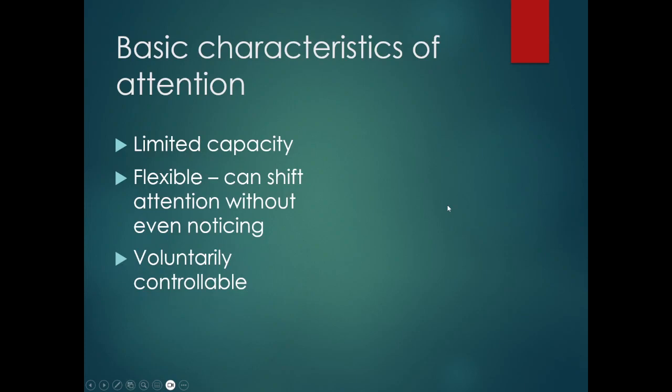It is voluntarily controllable. It's important to keep that in mind that you can decide where to place your attention. People who have attention deficits, where they have diagnosable difficulties with paying attention to what they choose to pay attention to, this is the part of attention that they're actually struggling with, that voluntary control aspect of it. They don't have trouble applying attention in certain circumstances.